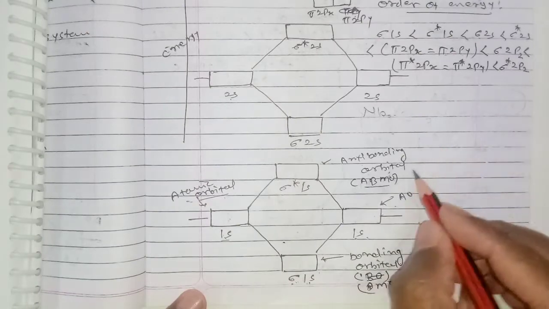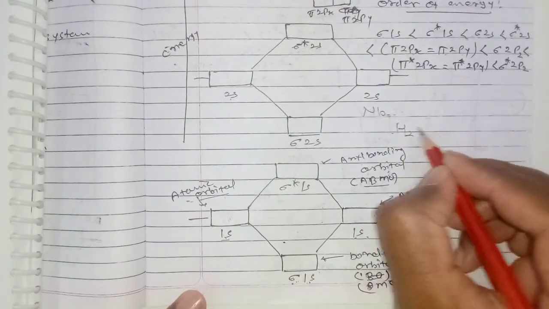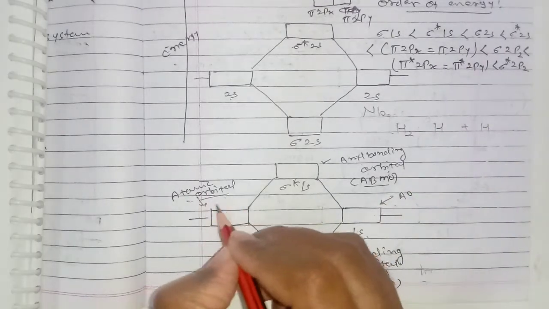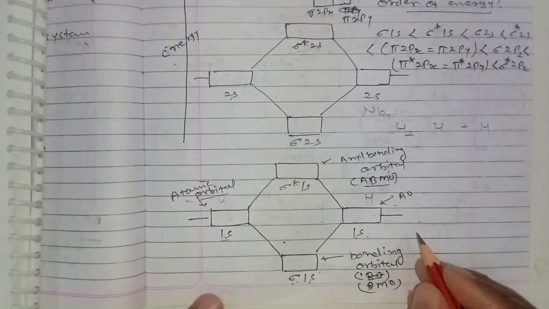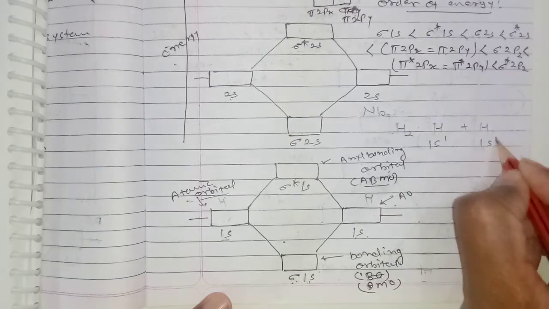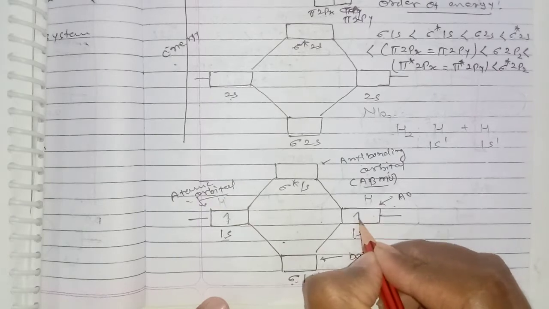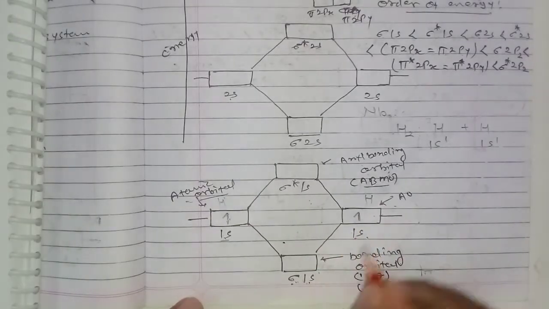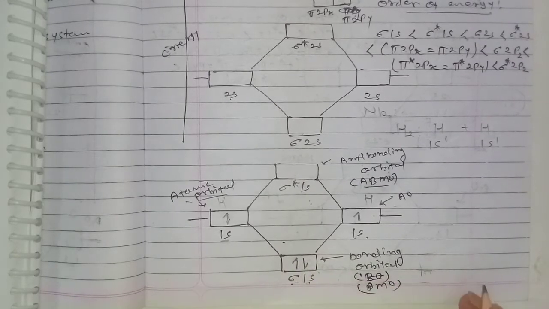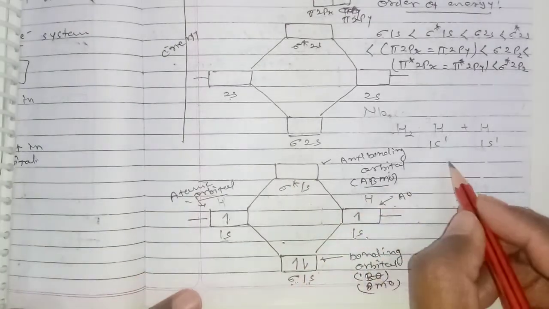First of all, in the hydrogen molecule, its atomic number is 1. So here we have two hydrogen atoms and its electronic configuration is 1s1, one electron here and one electron here. So in the bonding orbital, the number of electrons is 1 plus 1, 2.